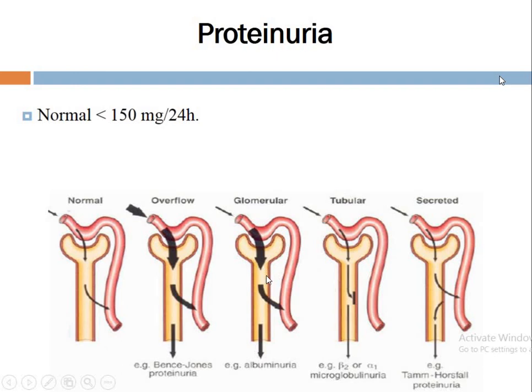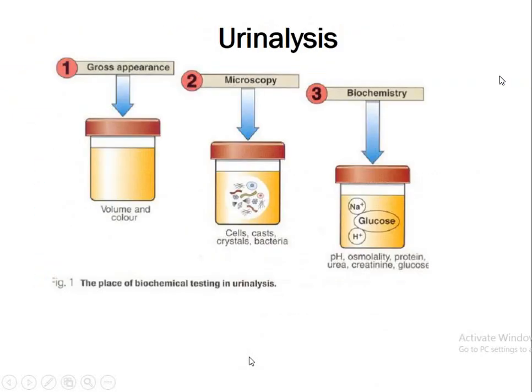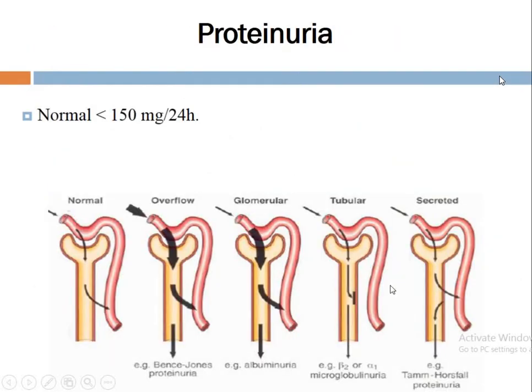So a large amount of protein is coming into the tubule, a large amount is reabsorbed, and a large amount is passed into the urine. This condition is albuminuria, and it is seen in glomerular disorders like nephrotic syndrome. There is more permeability of albumin. So this albuminuria will be seen. Again, it will increase the specific gravity, and increase in the protein.